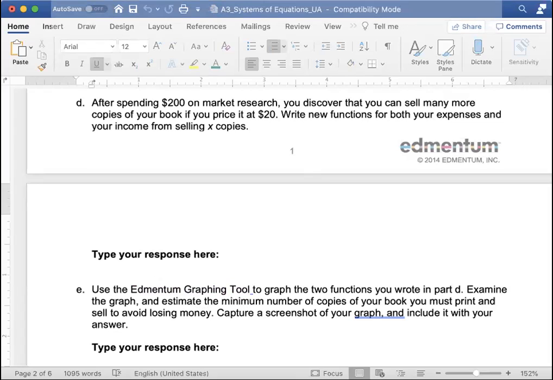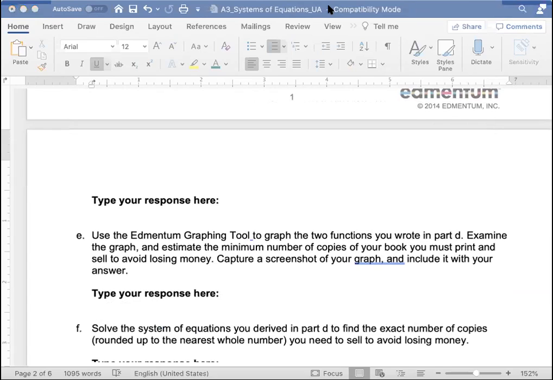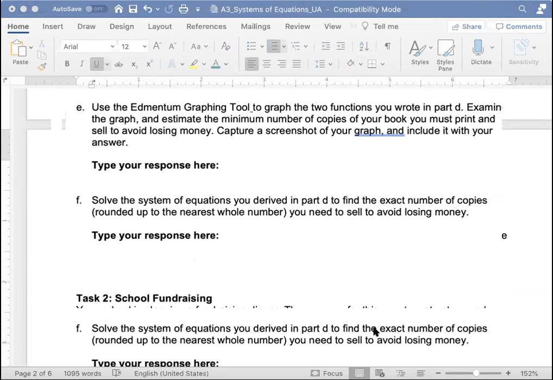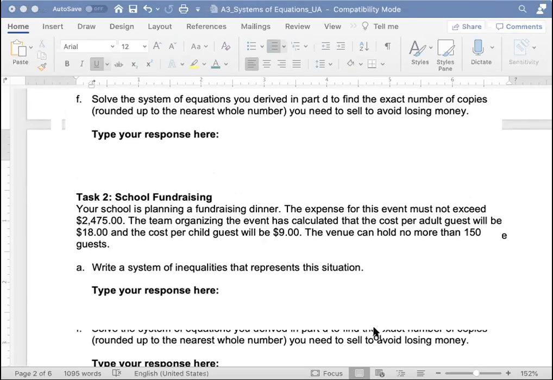So you would have to include a screenshot of your graph that you made and then have the written answer, 224 books. Okay. So that was the exact number of copies, 224 for F.